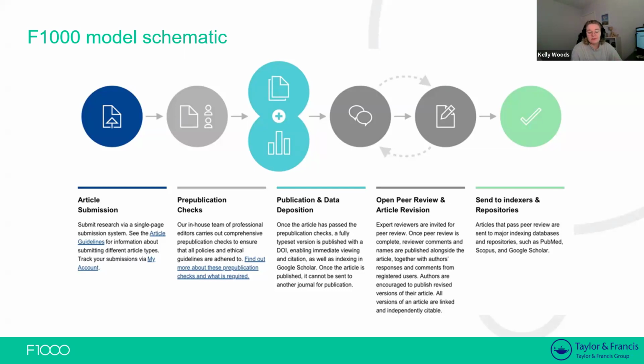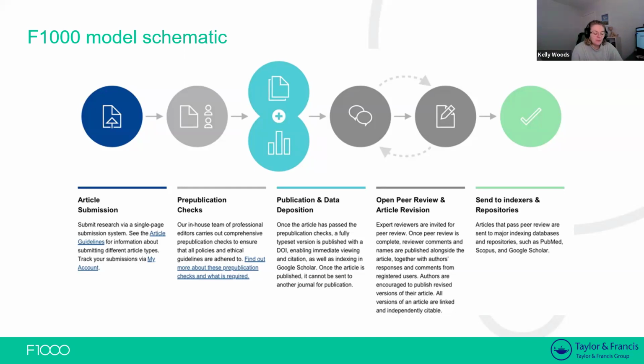Once the peer reviewers agree to review this paper and have submitted their review, our team will check the review just to make sure that it is thorough and in line with our code of conduct, that the feedback in it is constructive and not rude. And then we will publish those peer reviews alongside the article.